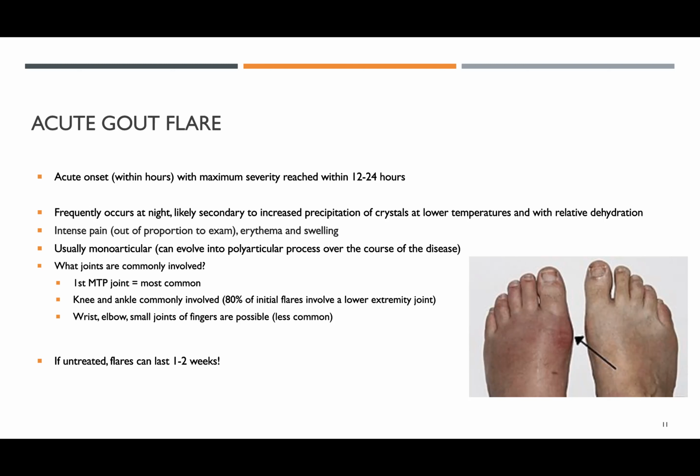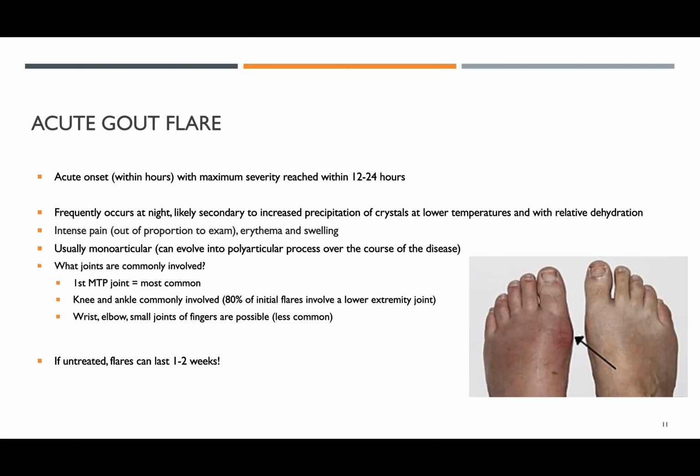And usually monoarticular, one joint, although over the natural course of a person having this disease, if uncontrolled, they can start manifesting gout flares in multiple joints at once. And those joints are typically the first MTP, that big toe right there pictured. That's what we call podagra, which 90% of people will have involvement of the big toe at some point in their history of having gout. And about 80% of all flares are going to come in a lower extremity joint.